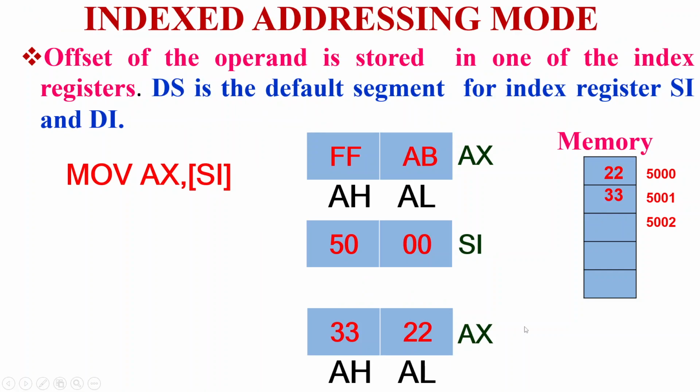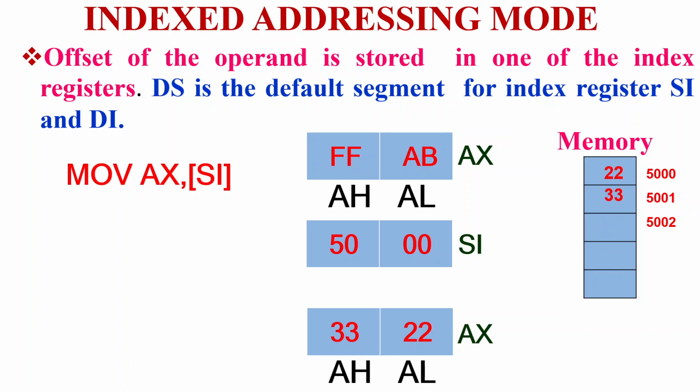The next addressing mode we are discussing is the indexed addressing mode. In indexed addressing mode, the operand offset is stored in the index registers. As we know, we have two index registers: one is the source index register, the other is the destination index register.